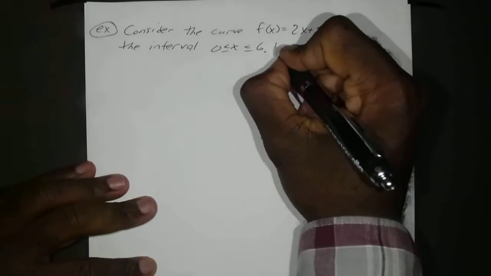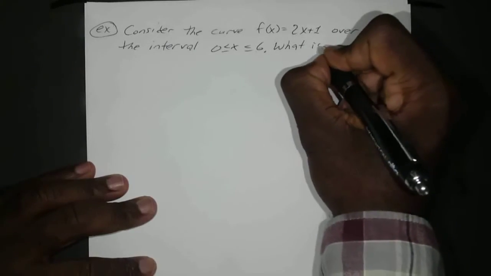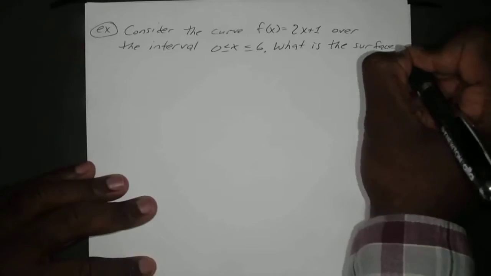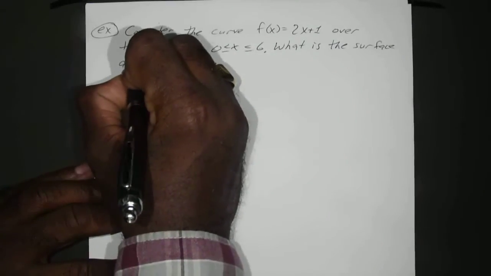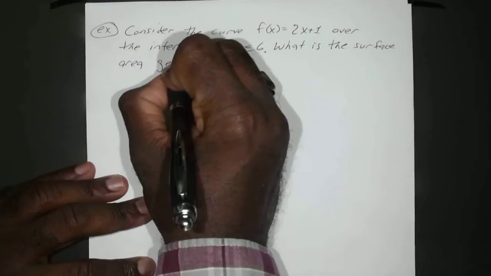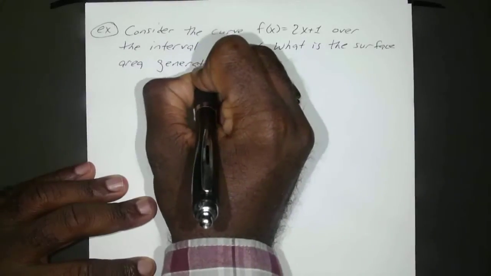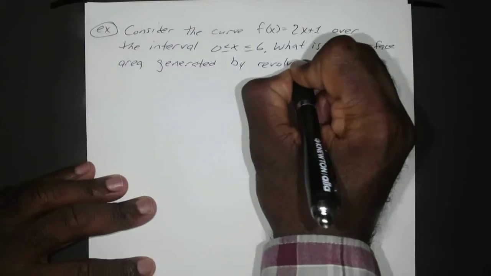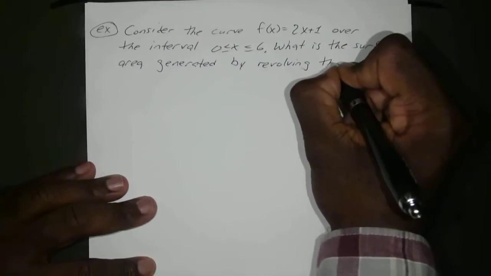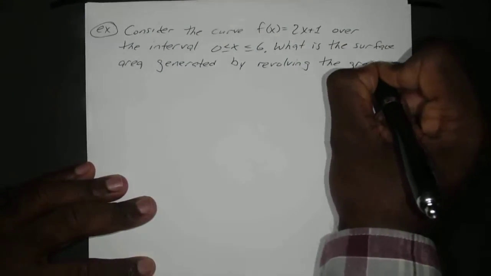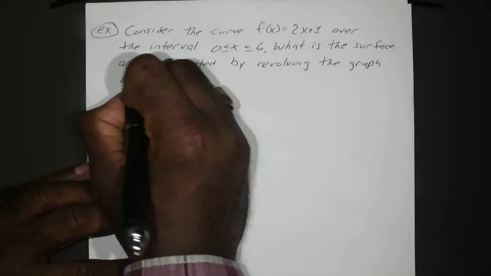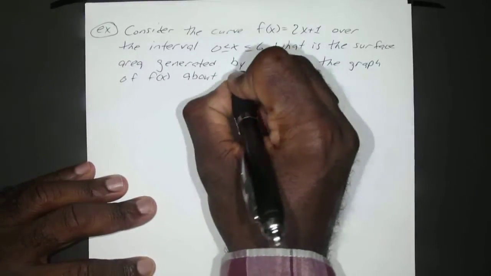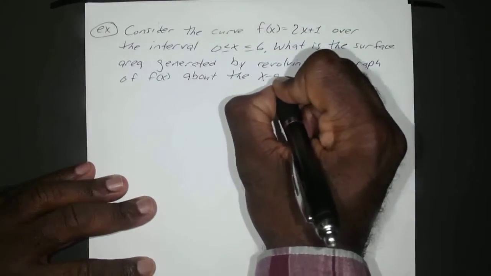Okay, so what is the surface area generated by revolving the graph of f of x about the x-axis?